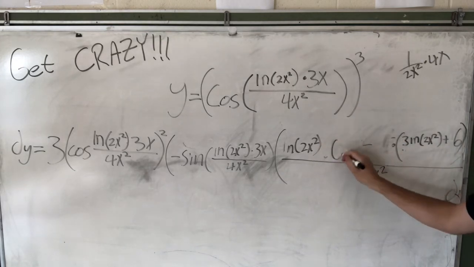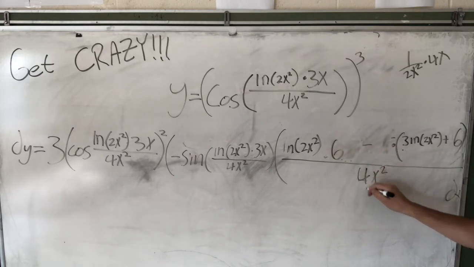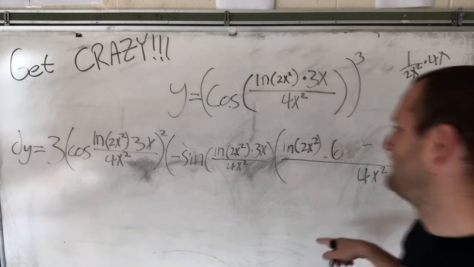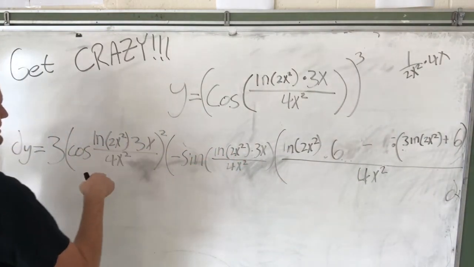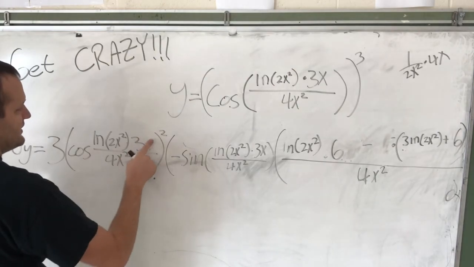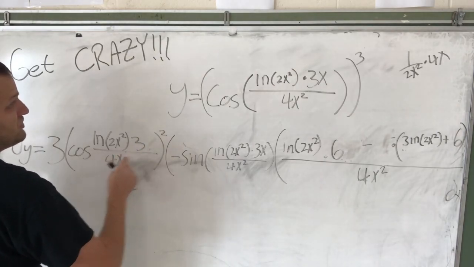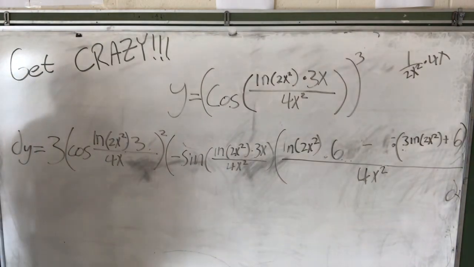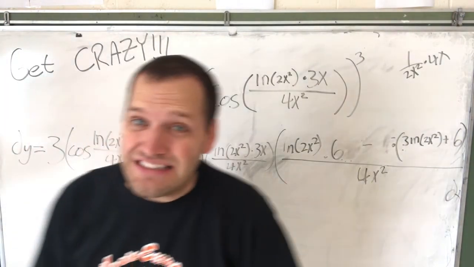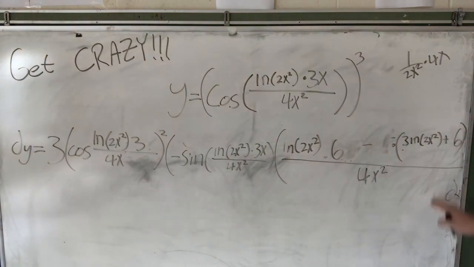That gives me 6, 1, and 4. Nothing else you can do there. We could technically divide an x out here, which you could have done up here. That would have made the whole thing a lot easier. That's as far simplified as you can get this derivative.